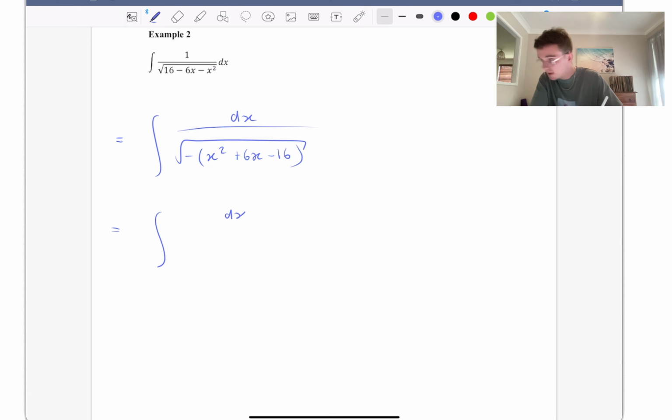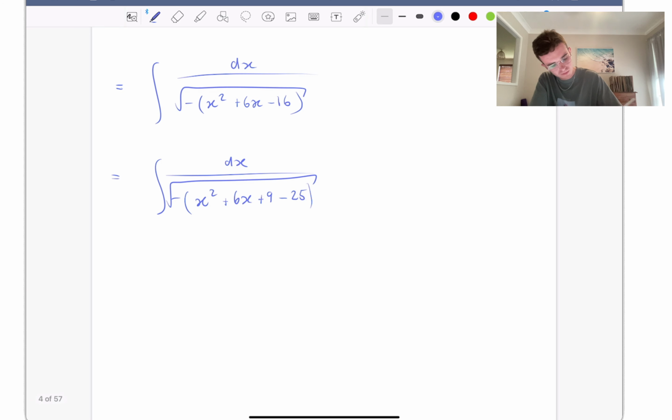So this is going to be dx over minus the square root of x squared plus 6x, where 6 divided by 2 is 3, square that we get 9, so plus 9. And then we need to subtract 25, because 9 minus 25 is minus 16.